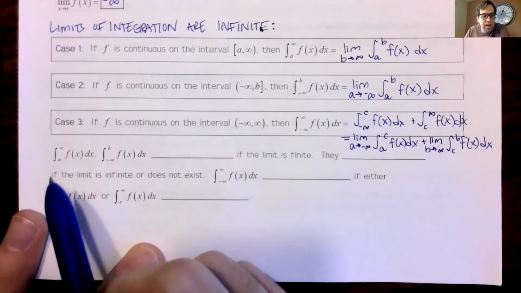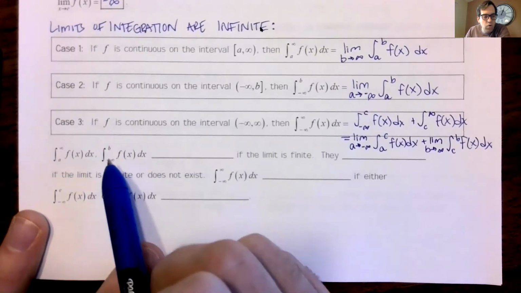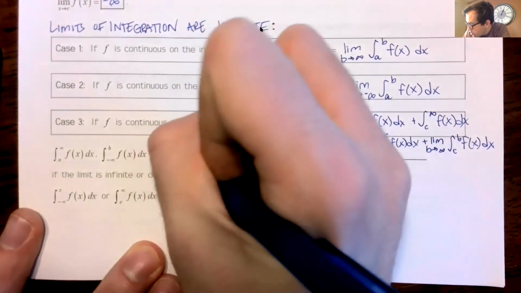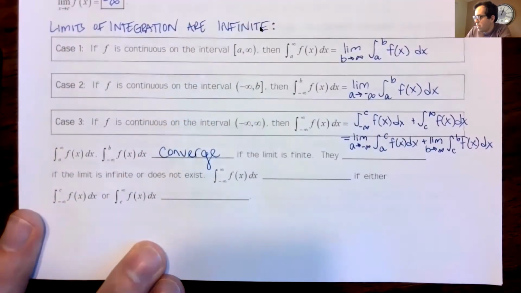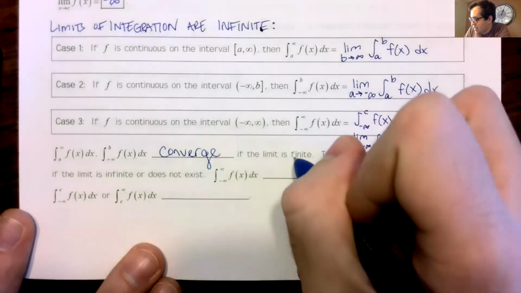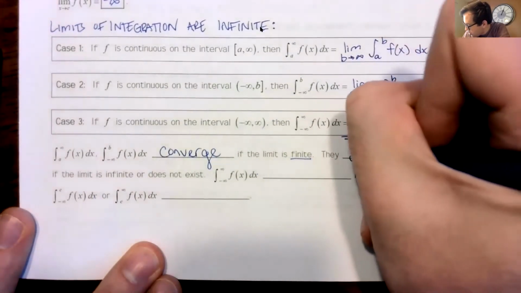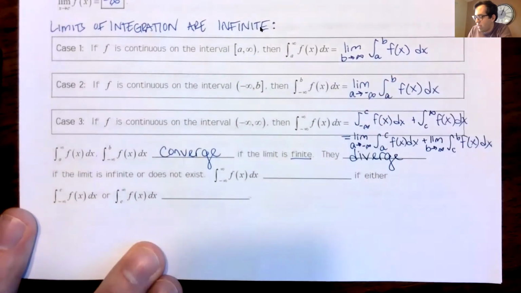But anyway, the integral from a to infinity or the integral from negative infinity to b converge if the limit is finite. They diverge if the limit is infinite or does not exist.